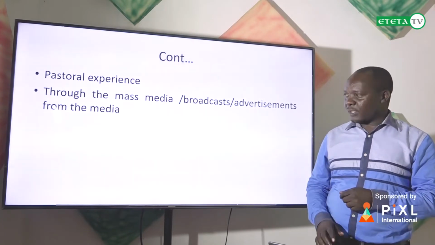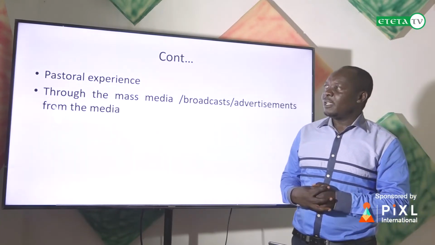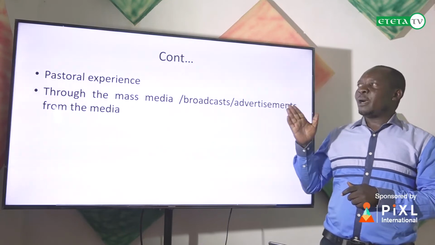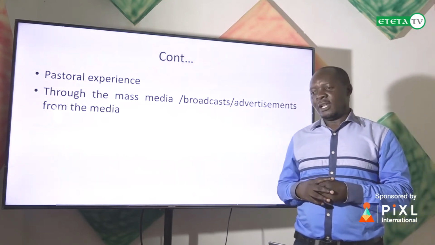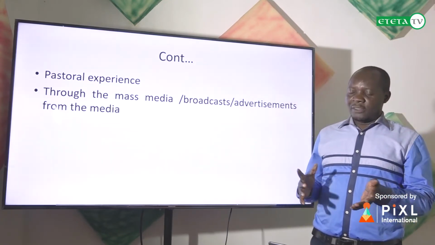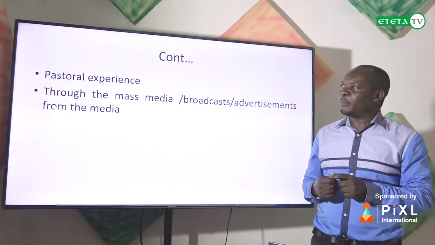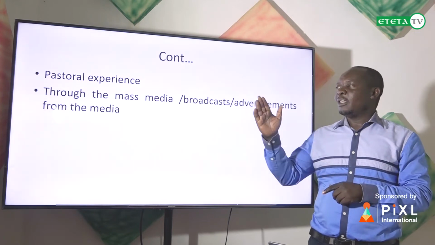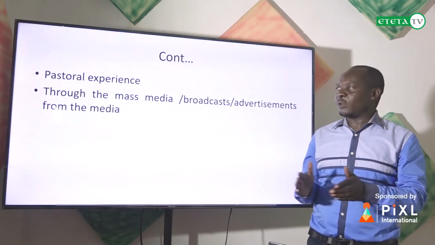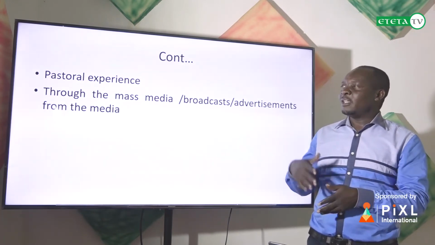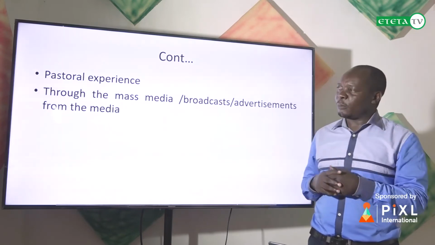Now the two sources of that research problem are likely to be, number one, personal experience. That means what that person experienced, various conflicts that were going on between the farmers and the pastoralists. So that experience is what produces that problem.